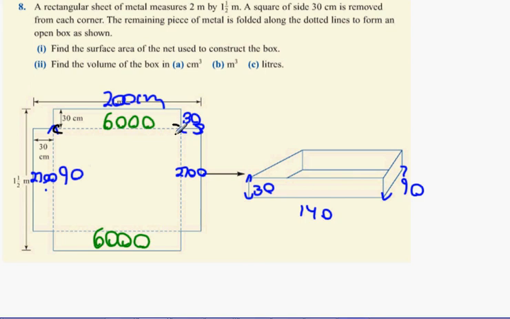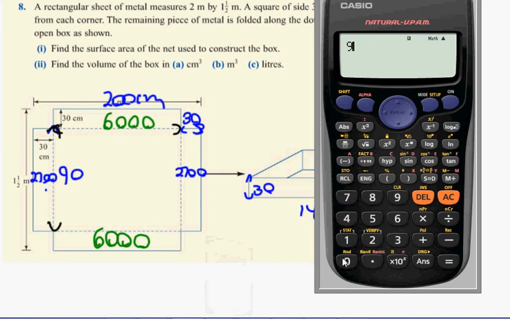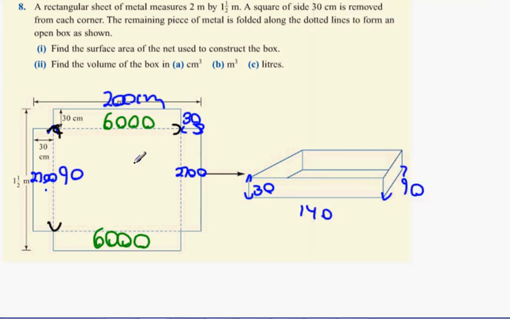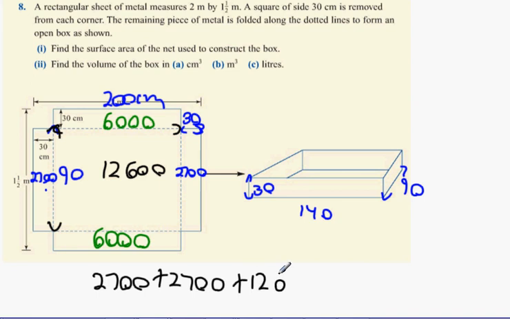So that's 140, and from here to here is 90. So what's 90 times 140? 12,600. Let's add them all together: 2,700 plus 2,700 plus 12,600 plus 6,000 plus another 6,000.